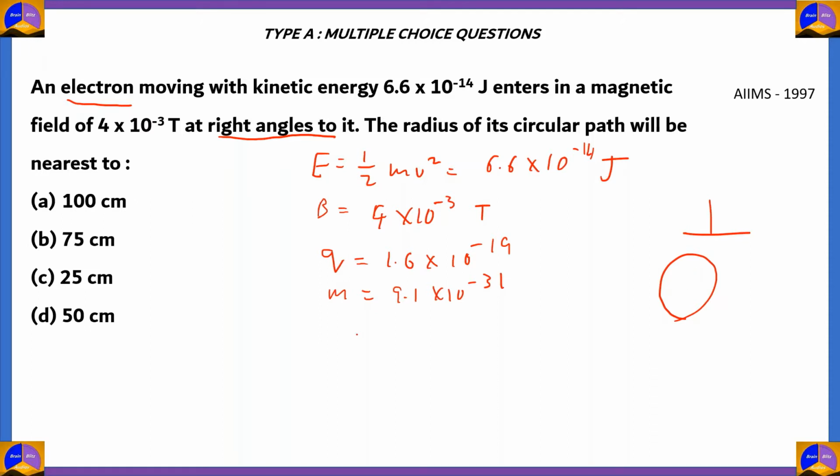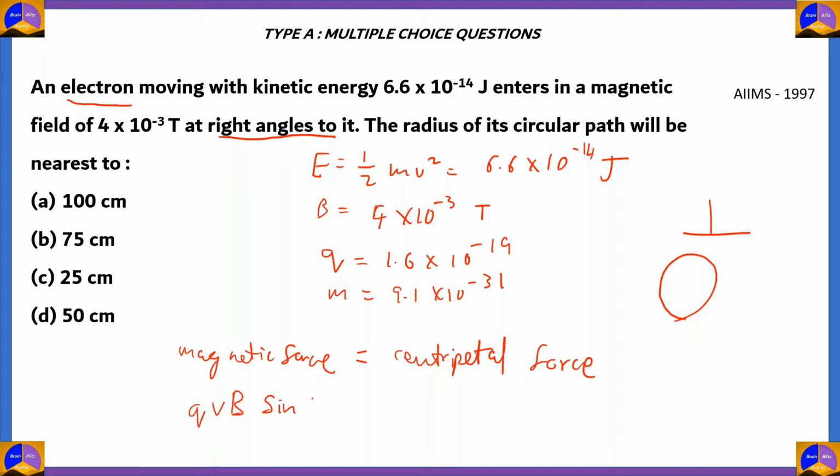In this case, the magnetic force is equal to the centripetal force required to undergo circular motion. So qvB sin 90, the reason being 90 is because it's perpendicular to the magnetic field, will be equal to mv squared by r.